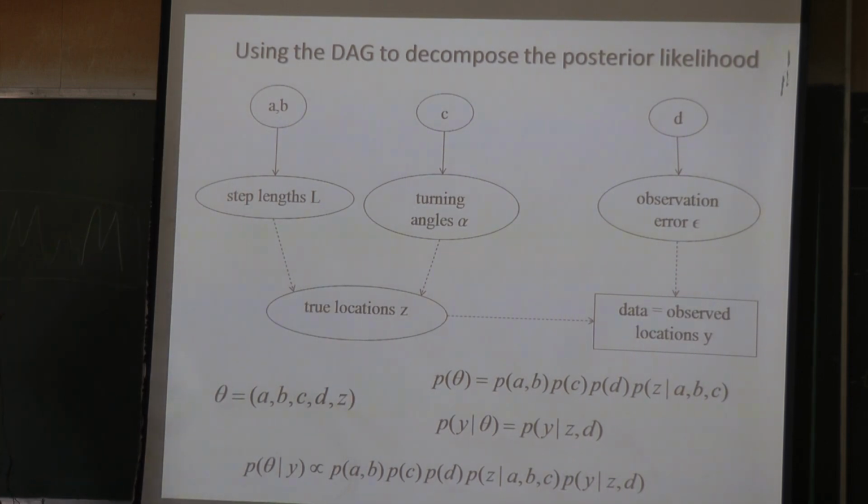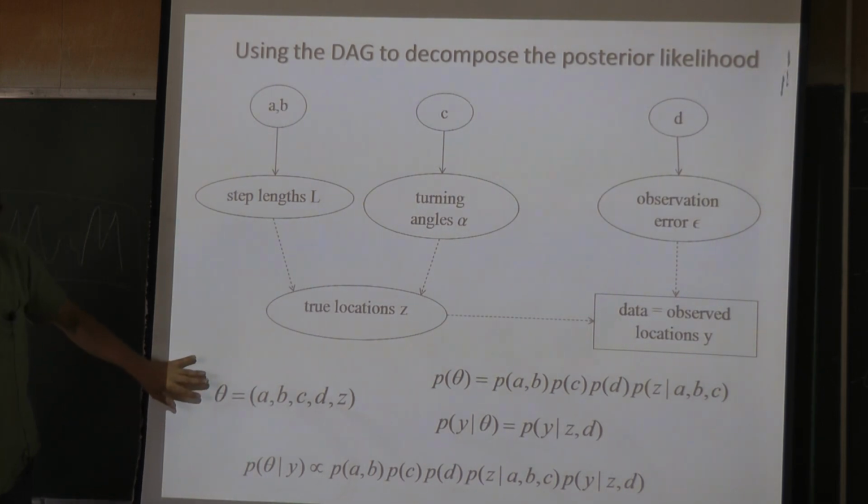What's useful to do is to decompose that posterior likelihood into different bits, and usually that's nice to do using this DAG as a kind of machinery or advice on how to do it.